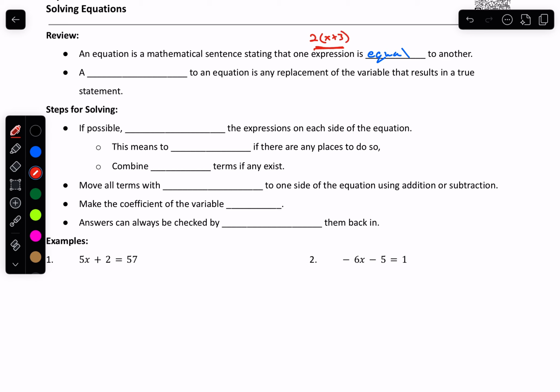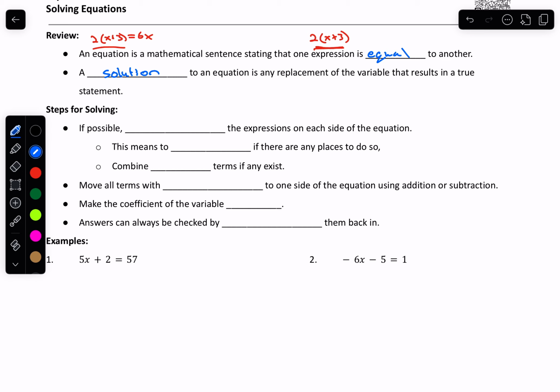But an equation might look like 2(x + 3) = 6x, where we actually have an equal sign in there. So expressions, no equal signs; equations, we have an expression on each side of an equal sign. All right, and then a solution to an equation is any replacement of the variable that results in a true statement.